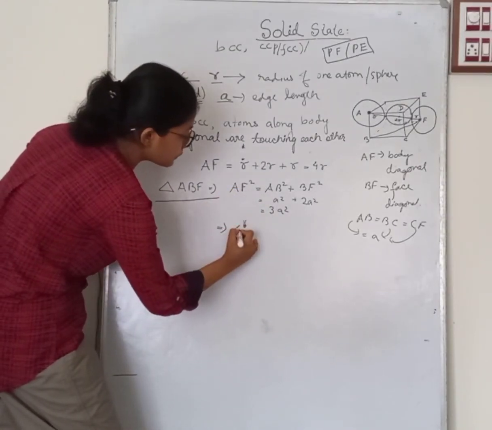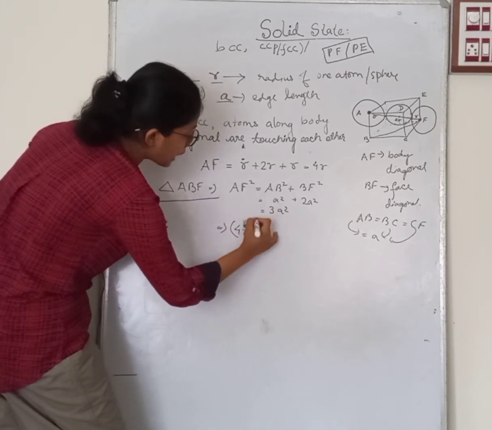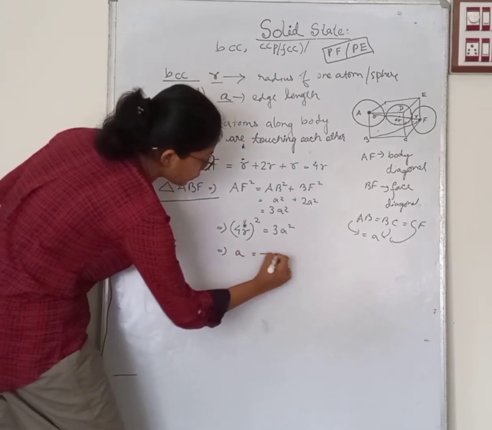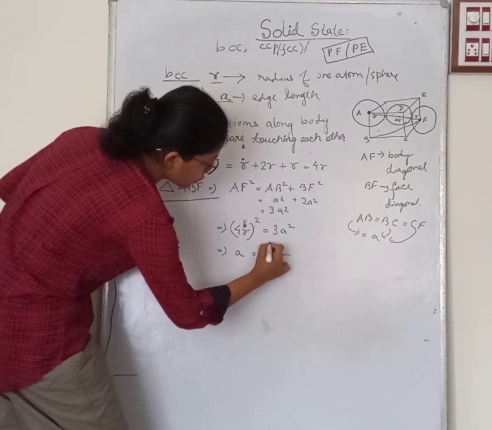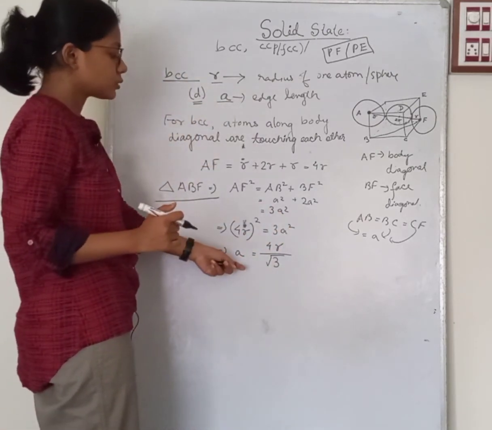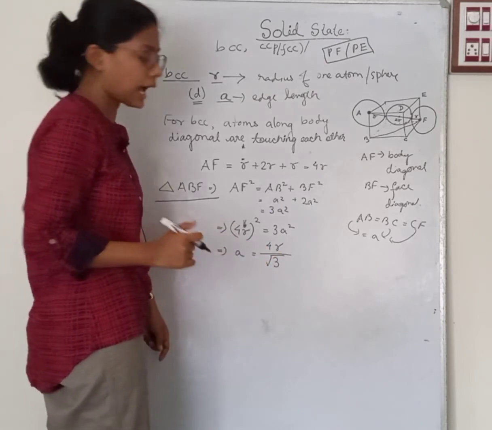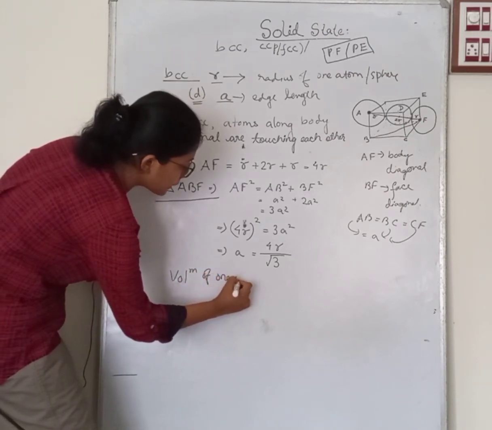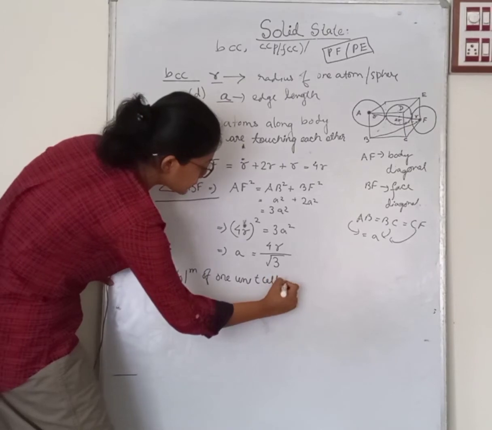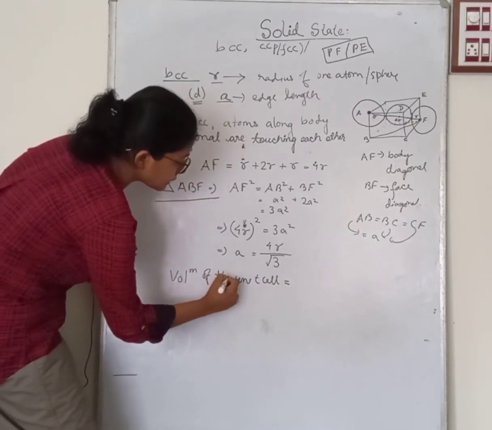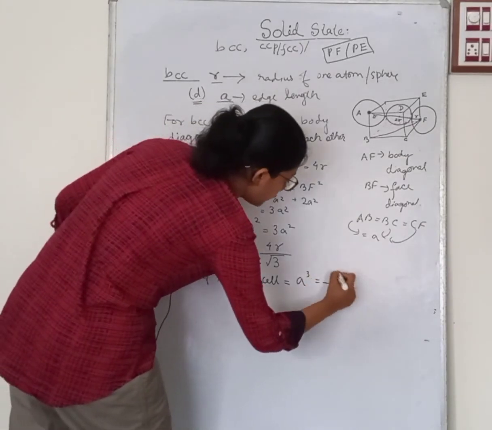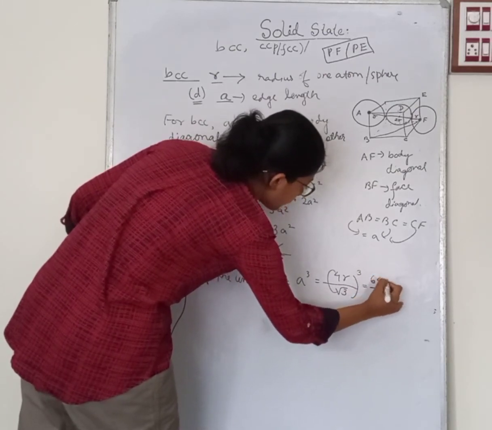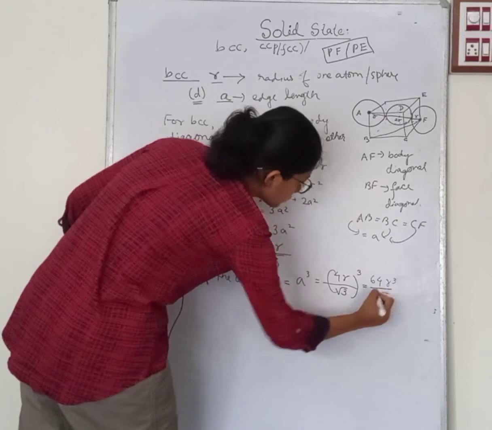But if we represent AF square in terms of R, it will be 16R square, so 3A square equals 16R square, and we will get A is equal to 4 by root 3 into R. Therefore, the volume of the unit cell is equal to A cube, which is equal to (4R by root 3) whole cube, which is almost 64R cube by 3 root 3, right?